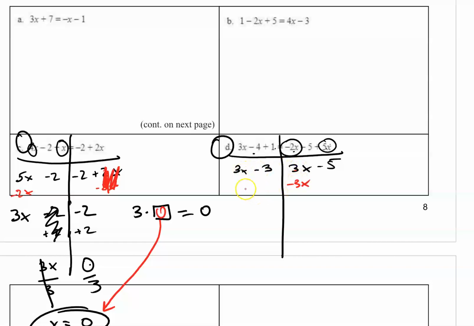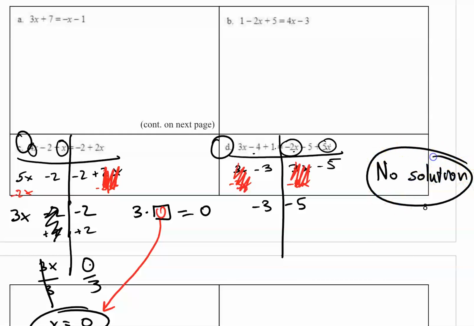So when you make a 0 pair with one of the 3x's, both of them become 0 pairs and vanish. And let's see what we have left. We have negative 3 and negative 5. So when it's different on both sides, x is gone, it's different on both sides, it's no solution. This is an equation, and negative 3 is not equal to negative 5.